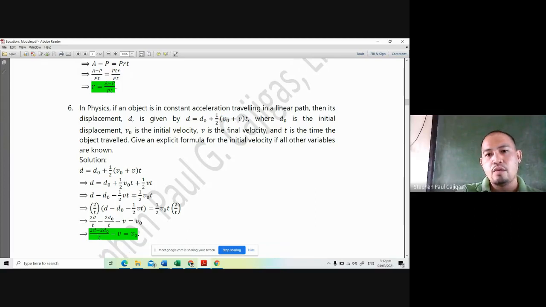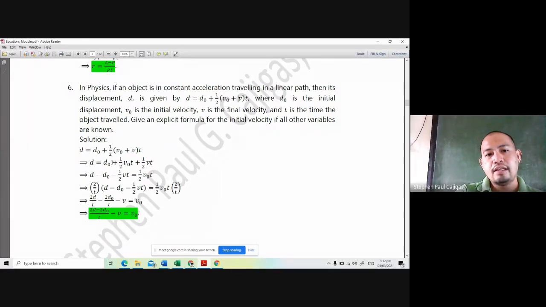What if we want to find the initial velocity and all the other variables are given? So this is what we do. So iningan gin distribute anay and 1/2. Tapos ka pag-distribute 1/2, gin-distribute liwat t. That's why you have here 1/2 V naught T and then 1/2 VT.